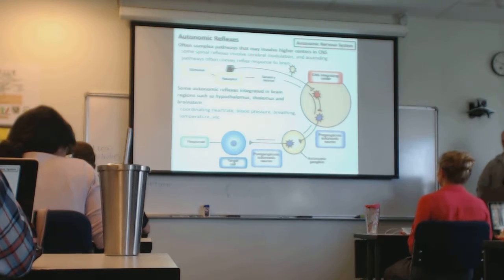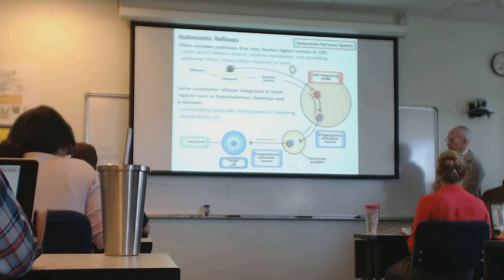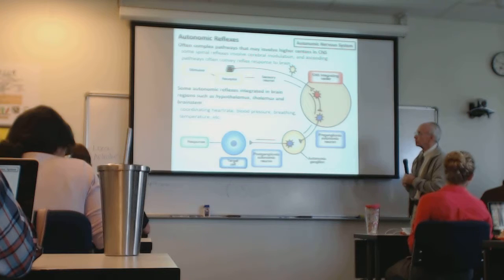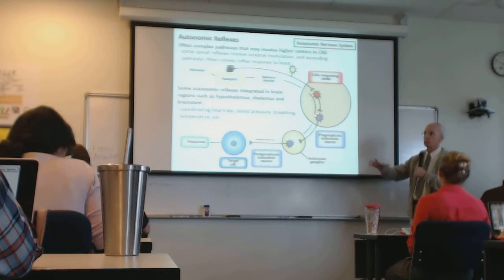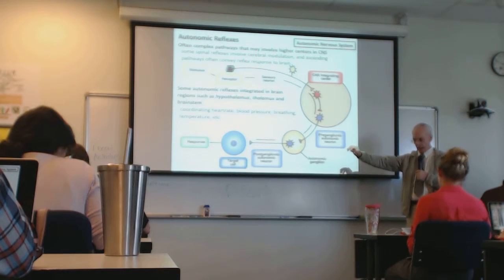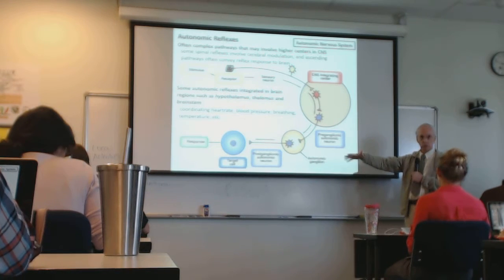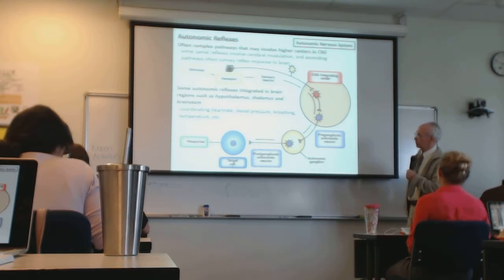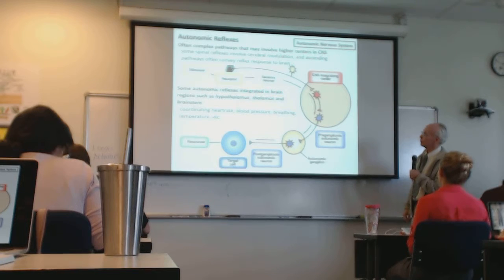So we talked about somatic reflexes. Remember, we talked about monosynaptic and bisynaptic motor reflexes, where we saw the afferent neuron sensing perhaps a candle or pain, and there'd be an interneuron that would convey that information to a motor neuron, producing some type of motor response. So that's a somatic reflex.